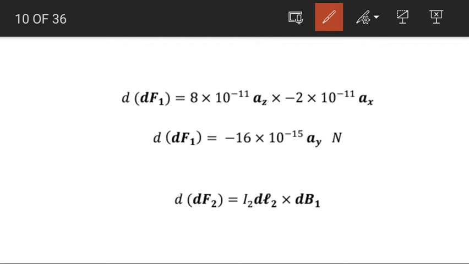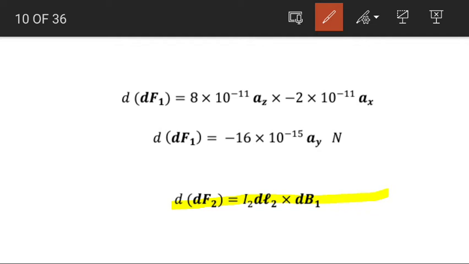Now we do the second part of this numerical question. The differential force which is experienced by the second differential current element will be equal to I2 dl2 cross dB1.